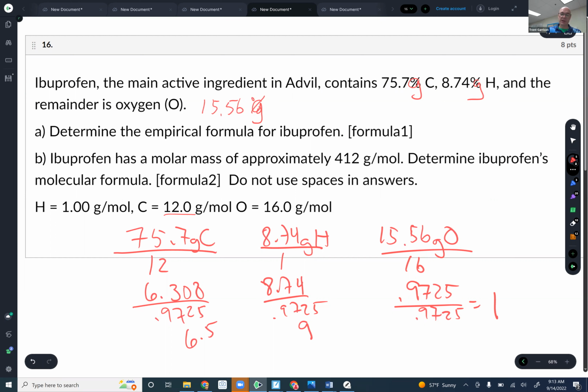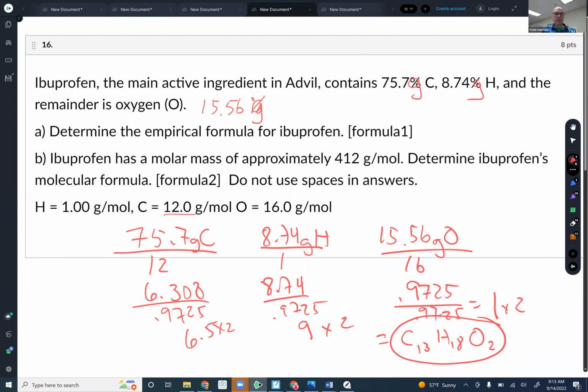So we have to multiply all of these by 2 to turn them into whole numbers. For carbon I would have 13, for hydrogen 18, and for oxygen 2. That's how we solve the first part.